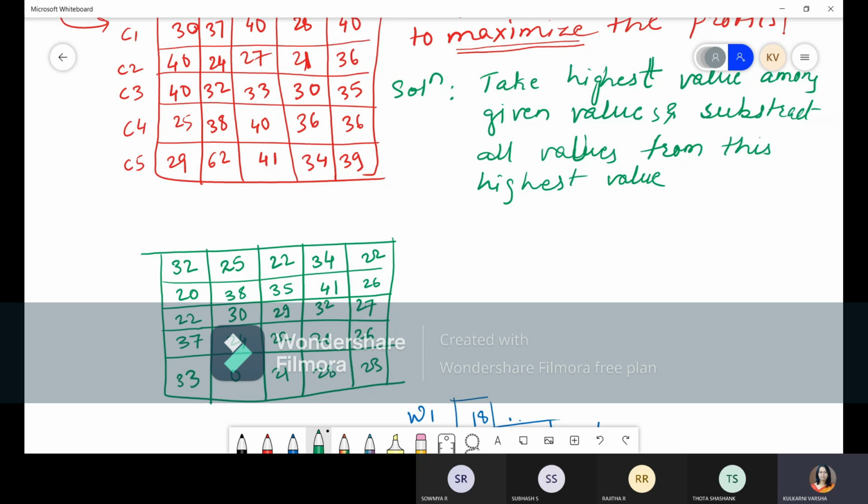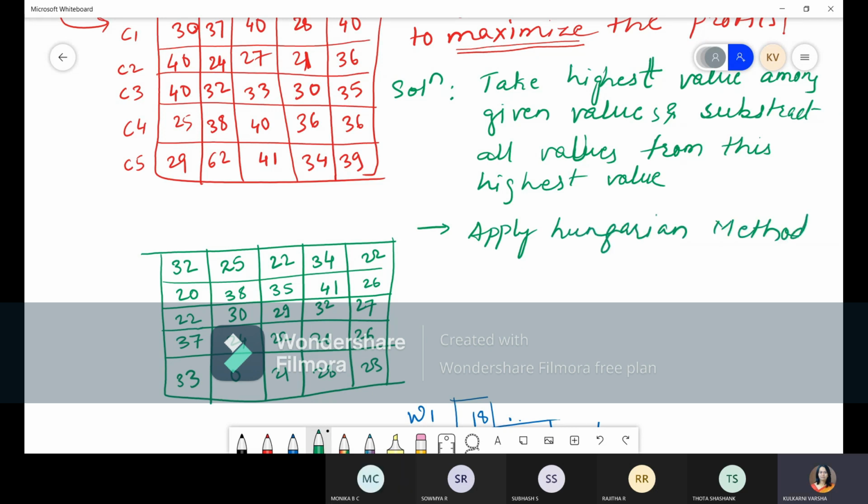Okay, so after subtracting all the values from the 62, we got this. Now on this, we have to do the normal Hungarian method. We have to apply the normal Hungarian method. So what is the first step of Hungarian method? Step 1, row reduction, right?